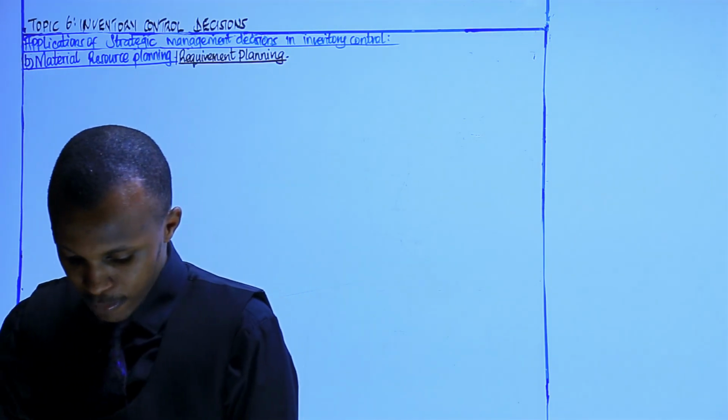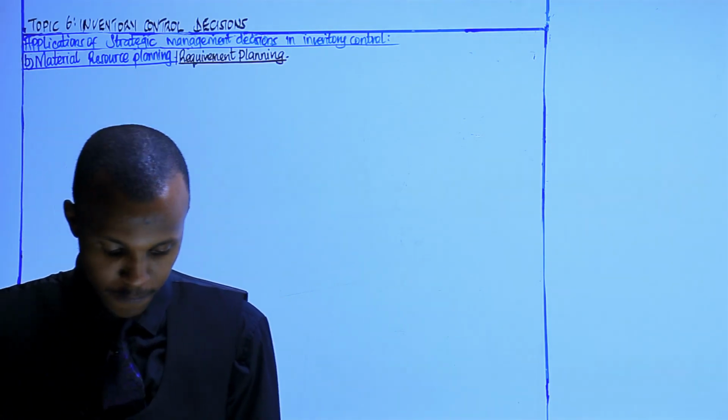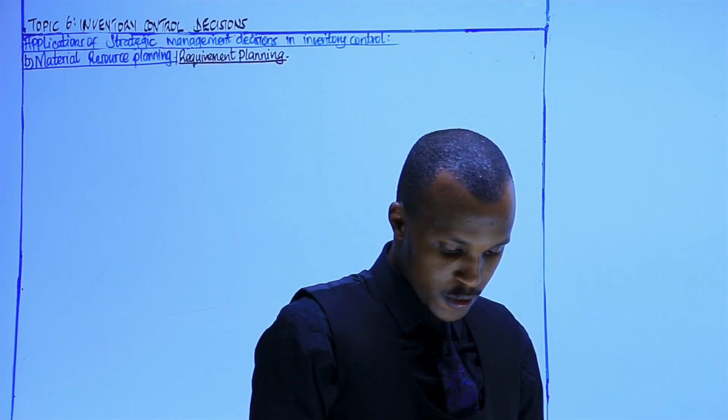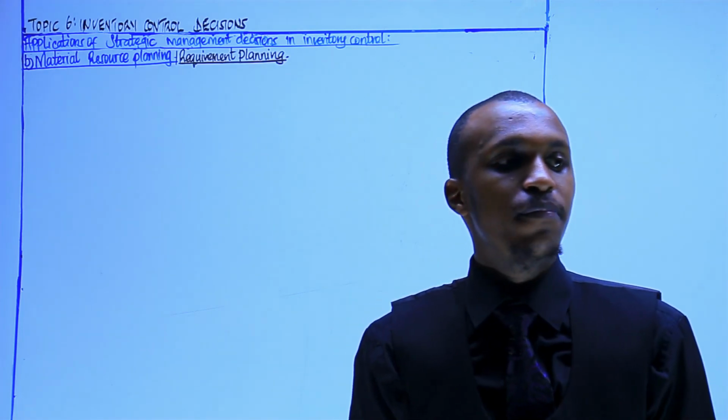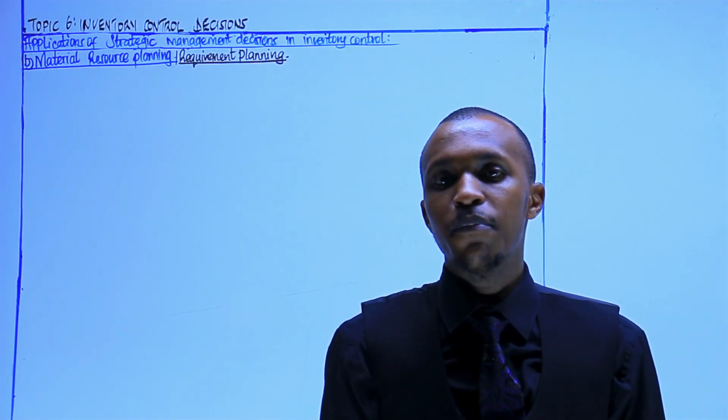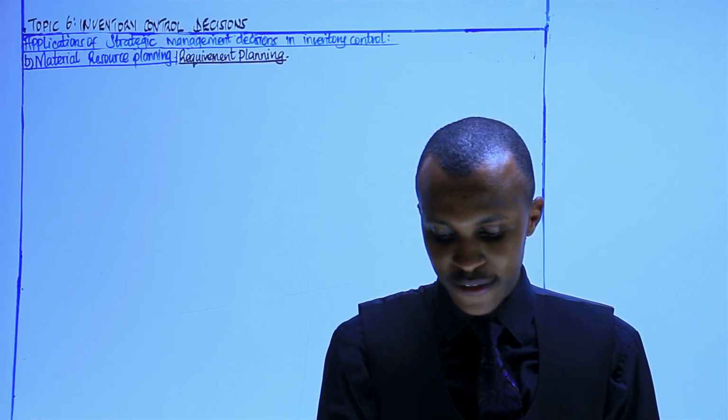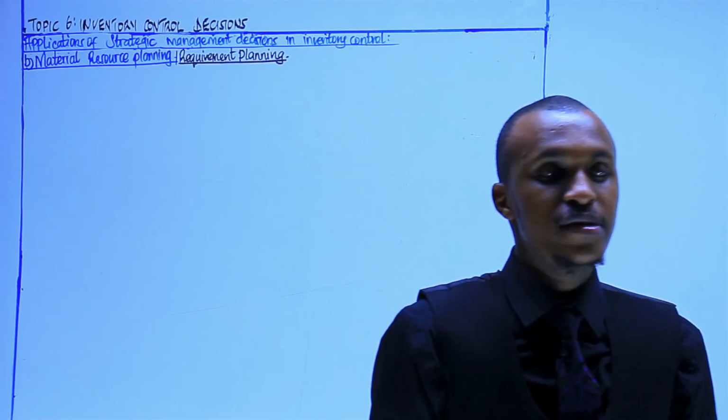Material requirement planning is basically an inventory management system that helps the management of a company identify three things.